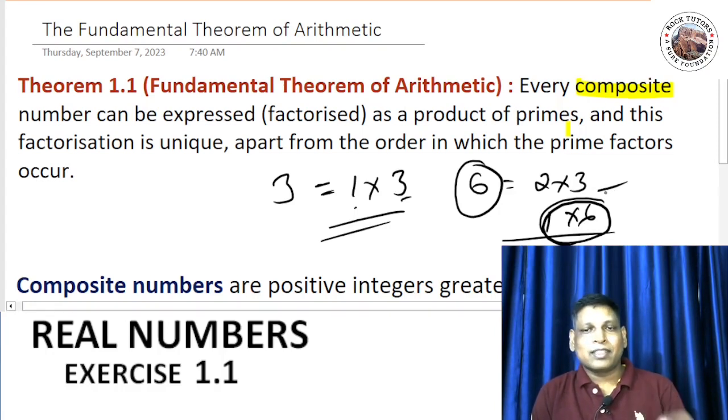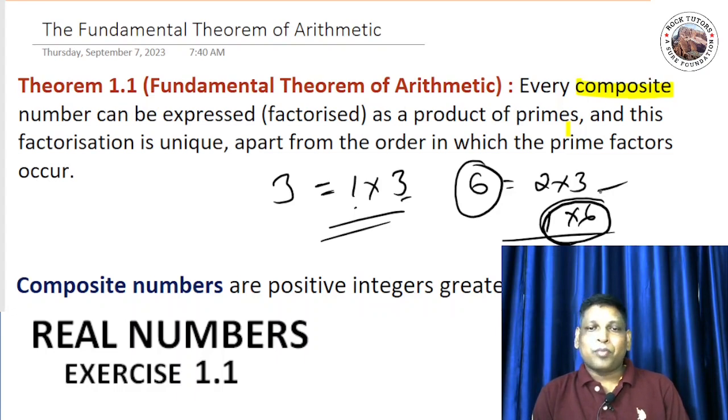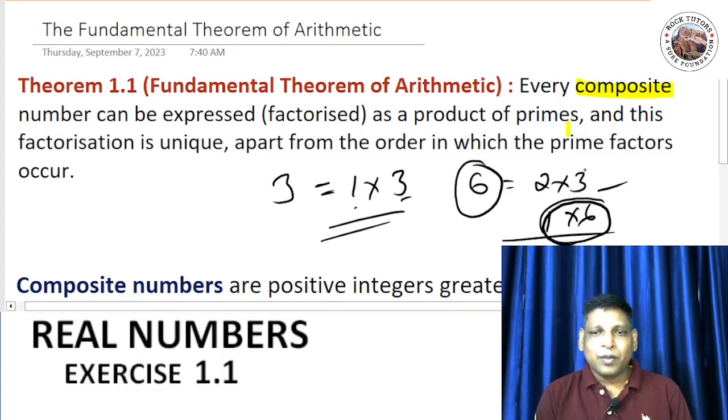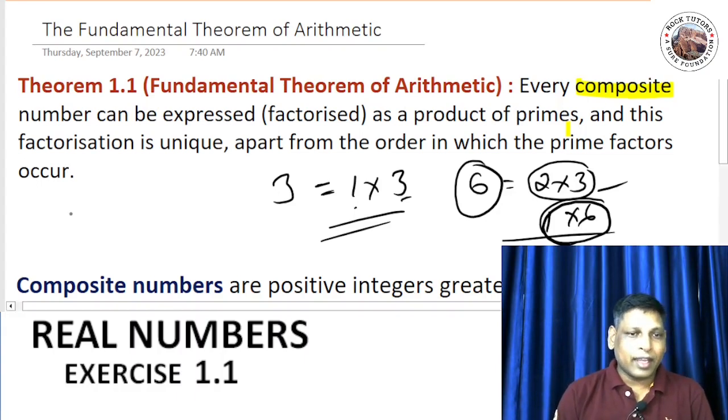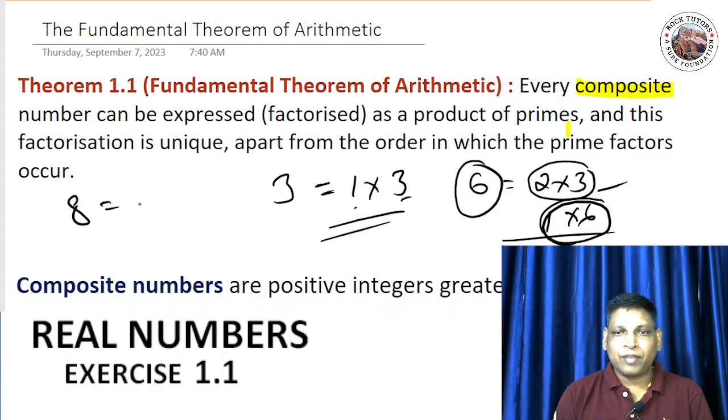But he said once again, a product of primes, and this factorization is unique apart from the order in which the prime factors occur. This factorization is unique. For us, unique means only a single one. Suppose I take 8. I can write the prime factorization of 8 as 2 into 2 into 2.